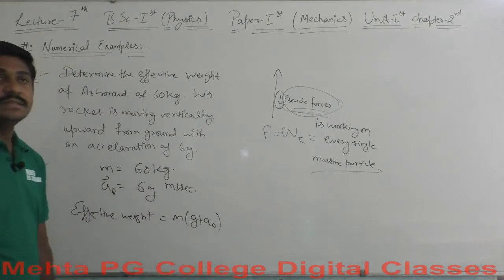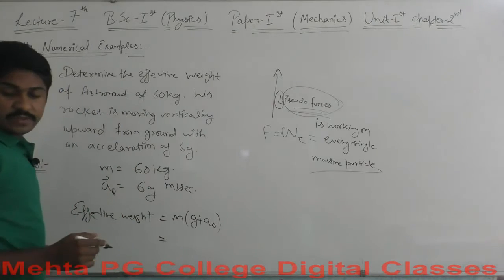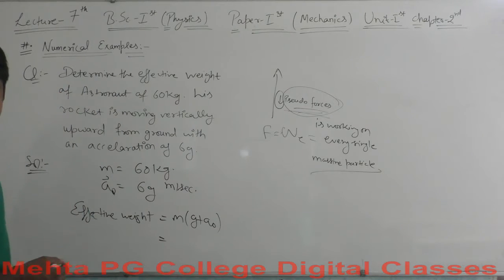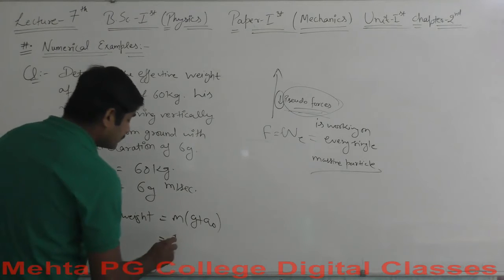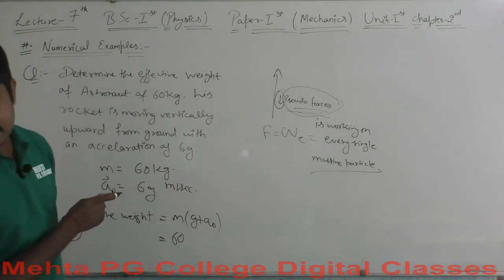What is the g here? g is the gravitational acceleration. So let's put in all those values. The m is 60 here.